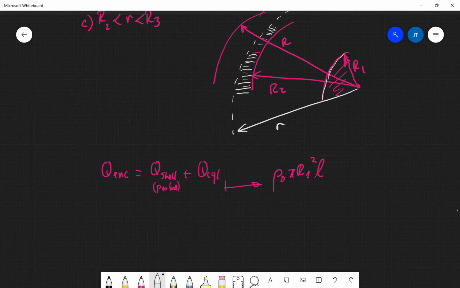So the shell will be the charge of the cylinder of radius r minus... well, let's do volume, it's better. It's rho 0 times the volume at radius r minus the volume at radius R2. Okay? That is the volume of that little shell of the white lines right there.